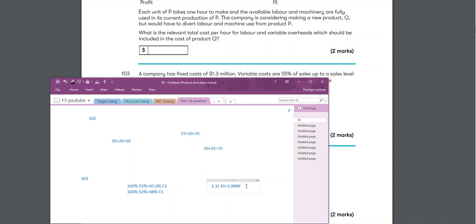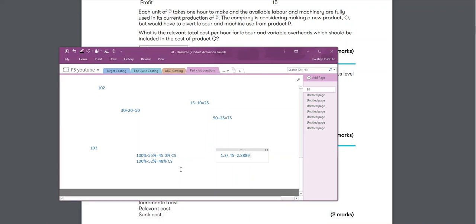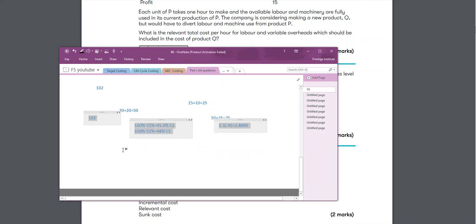But remember, after 1.5 million sales, the contribution changes. So what we do is we will answer this in two parts. The first part is we take 1.5 million sales and multiply by the contribution that we are earning at this level, 0.45, which is 0.675, and total fixed cost is 1.3 million.